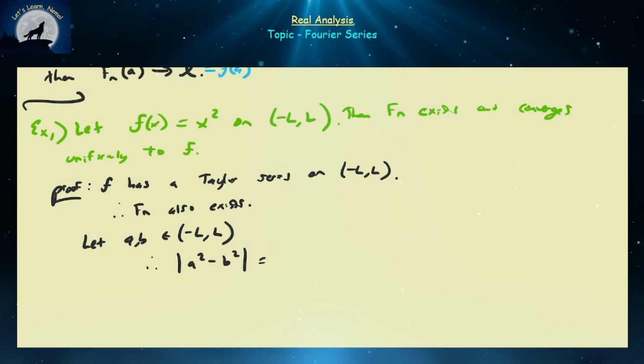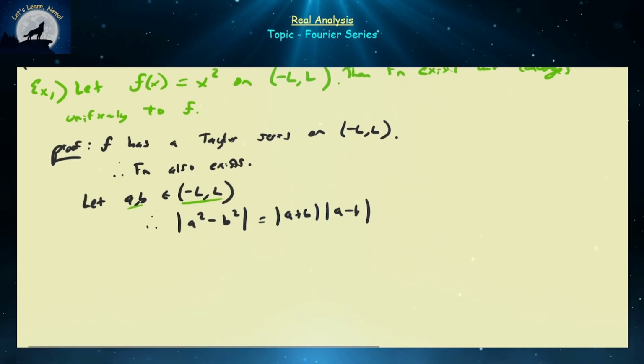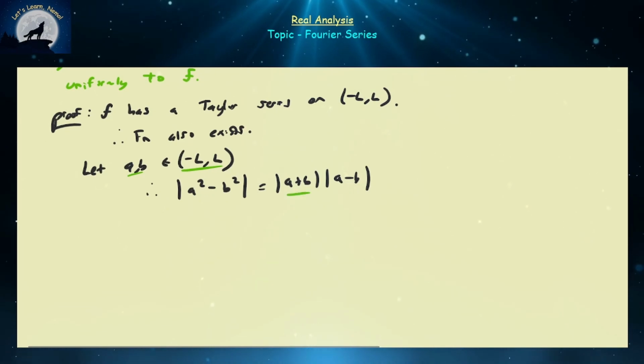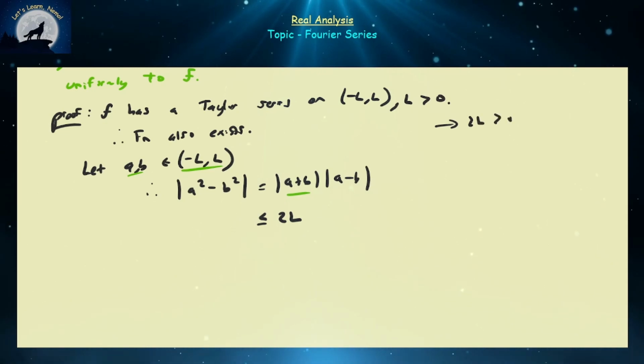Well, this is obviously going to be equal to the absolute value of a plus b times the absolute value of a minus b. And since a and b are both between minus L and L, that means the sum of them is bounded above by 2L. So that means this is going to be less than or equal to 2L. And keep in mind, L is going to be a positive number, so 2L will be a positive number as well. So we're going to have 2L times the absolute value of a minus b, and there's actually an invisible 1 here.